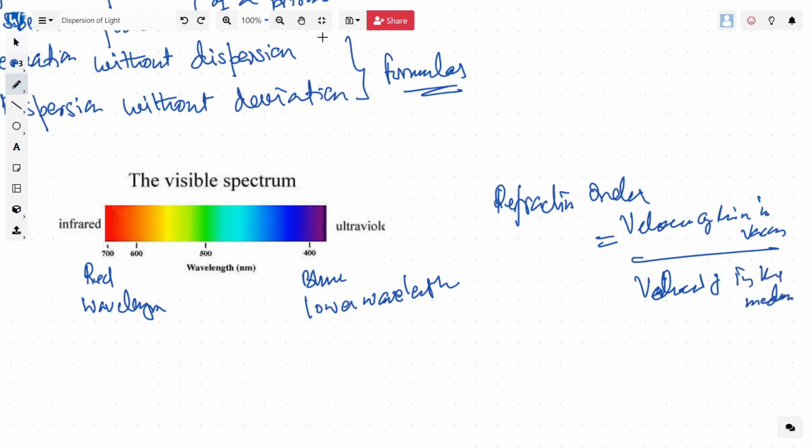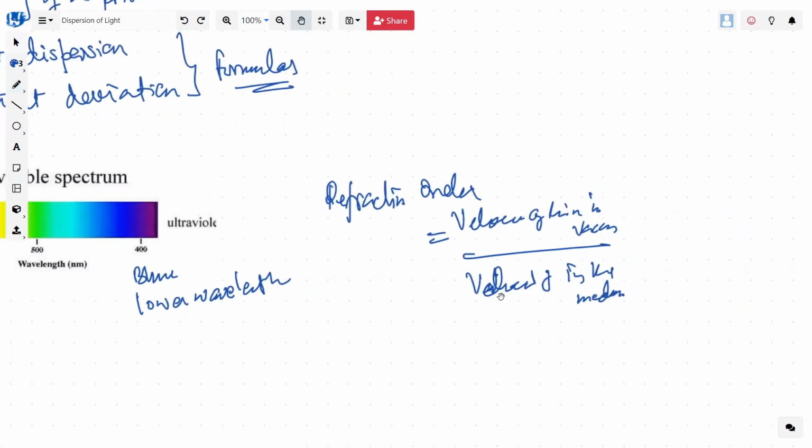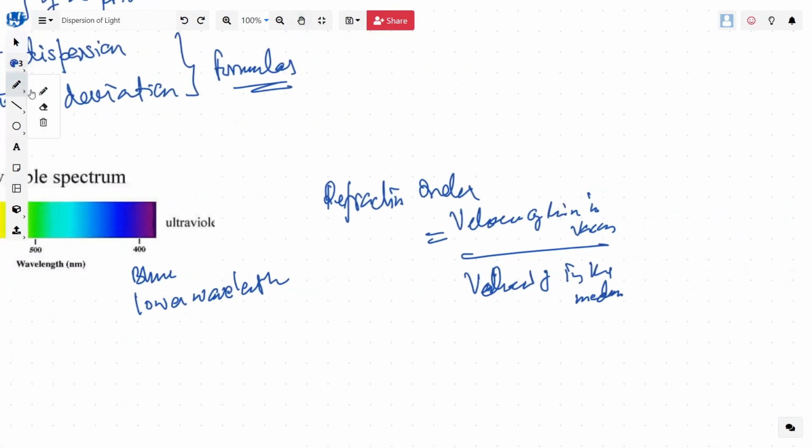If you watch our video on variable refractive index, you may also know that the refractive index actually varies with the wavelength of the light, right? So for example, velocity of light in vacuum here is c, and the velocity of light in a medium we can write as lambda in that medium times frequency, right?